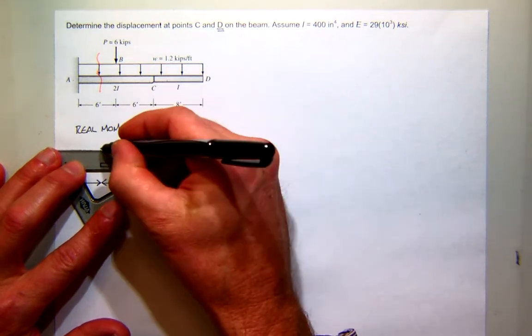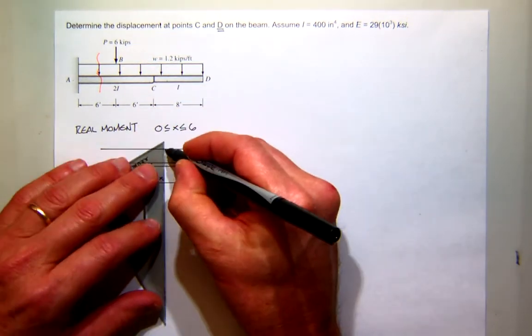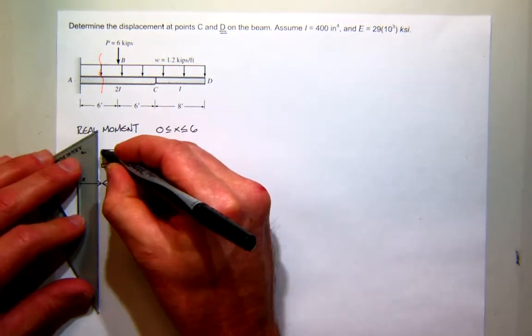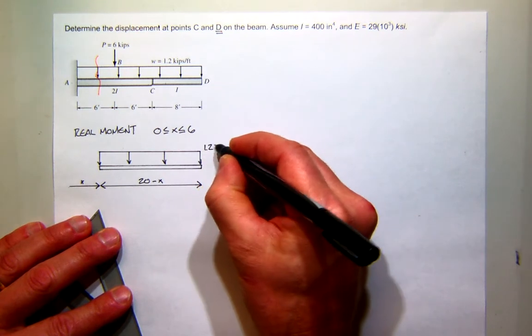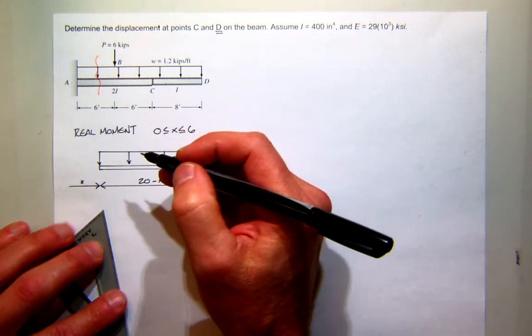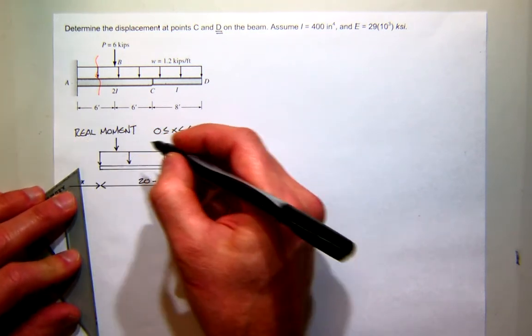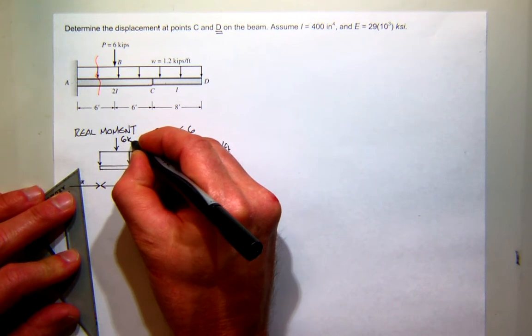I have my distributed load, which has a value of 1.2 kips per foot. And then I have my 6 kip force.